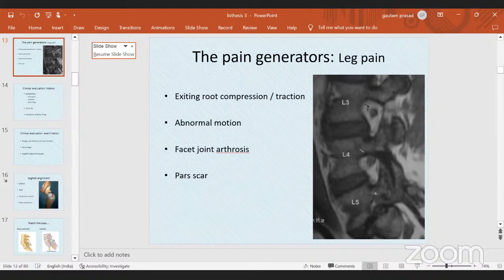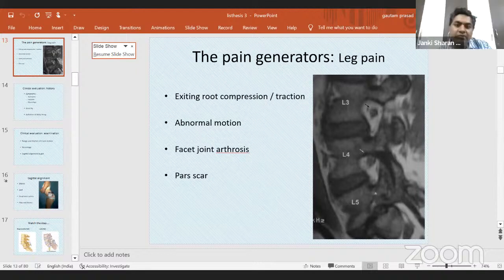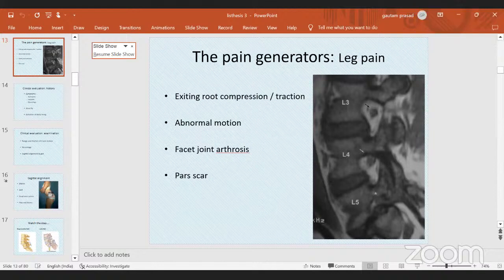Can you make out the vertebra where it is written L3? Yes, sir. That is quite clear. So we are able to make out the vertebra, the pedicle above, the disc at the level below.